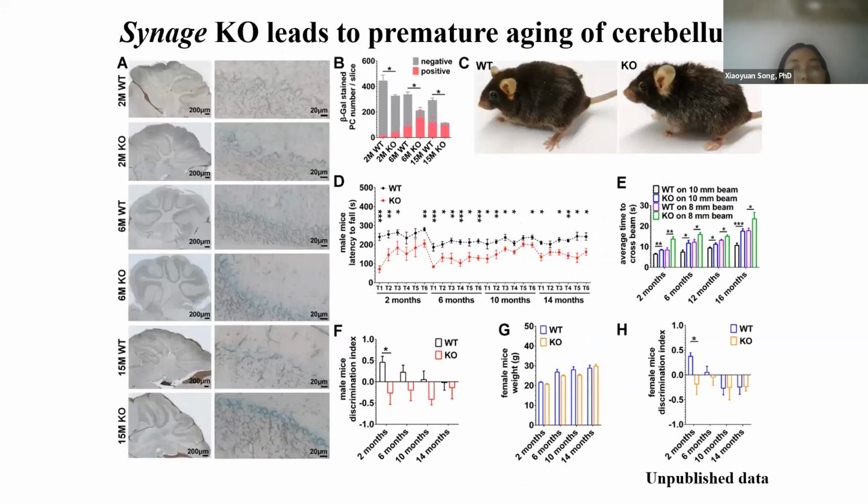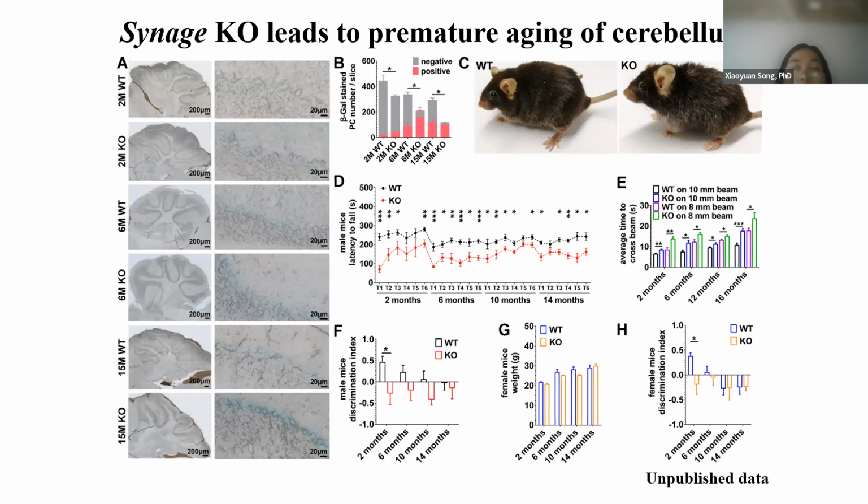since we are focusing on the aging function, we also found that knockout of Synage leads to premature aging in cerebellum. A and B show that the beta-gal staining in knockout mice increased, and the other part shows that the motor and learning and memory function is reduced in knockout mice.